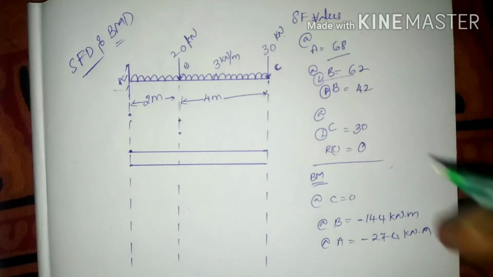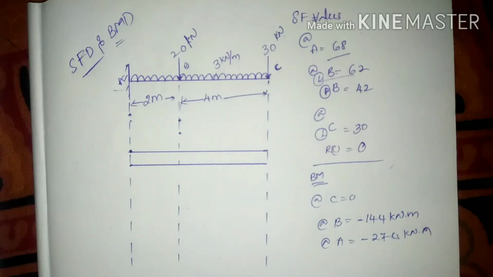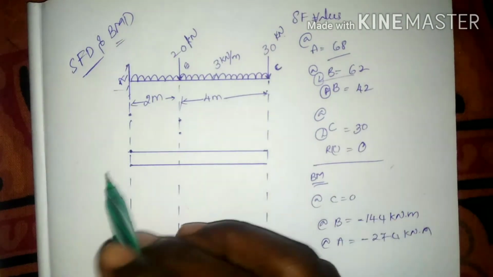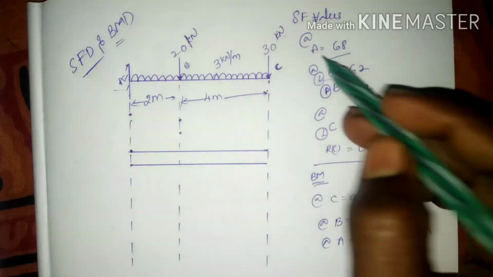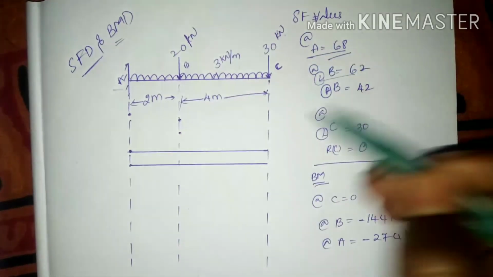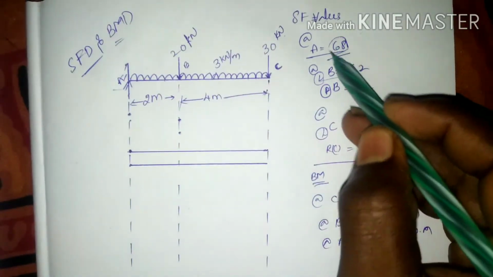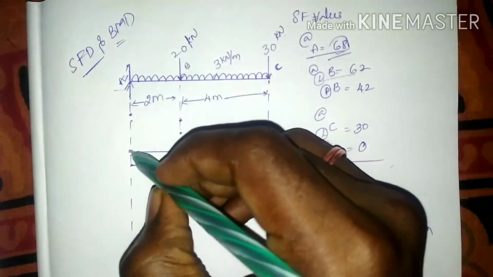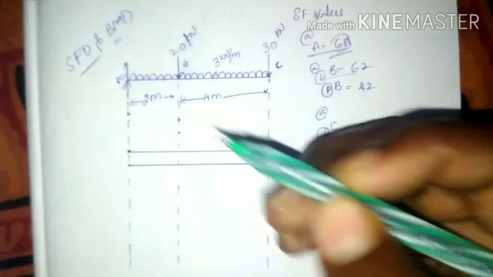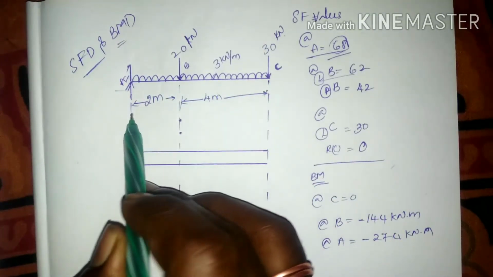From the values of shear force and bending moment, we are going to draw the shear force diagram and bending moment diagram. At A, we have reaction RA, and the value of RA is 68. Let us plot the points, that is 68 here.